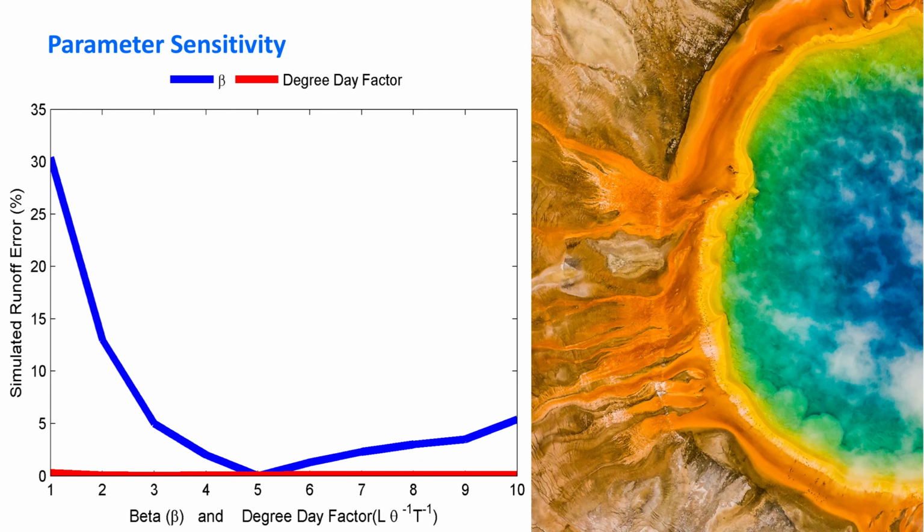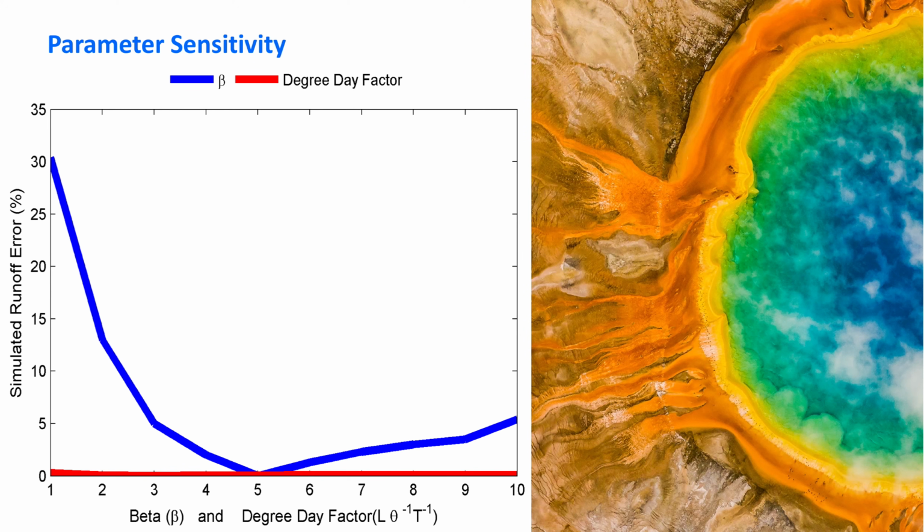Now let's do exactly the same thing with degree day factor. Again, I changed degree day factor from 1 to 2, 3, 4, 5, and I looked at the error. Error changes, but changes are very small. This means that if I compare these two parameters together, beta and degree day factor, my model is very sensitive to beta, but it is not very sensitive to degree day factor.